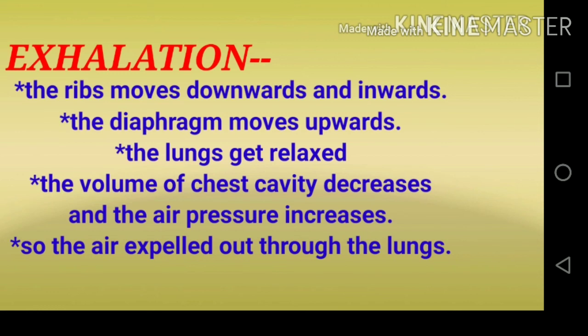Because the volume of the chest cavity decreases. That means the space is reduced, and the air pressure increases, so the air is now dense inside the chest cavity. So this air must be expelled out. The air is expelled out through the lungs by the nostrils. That is what happens in inhalation and exhalation.